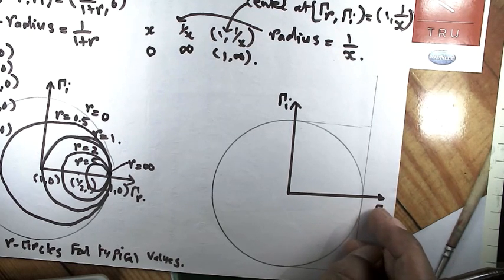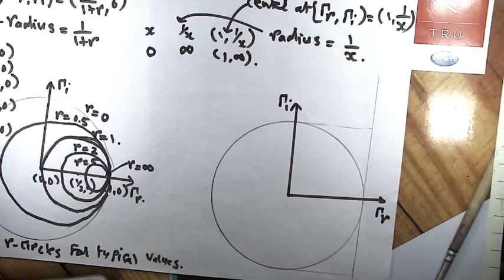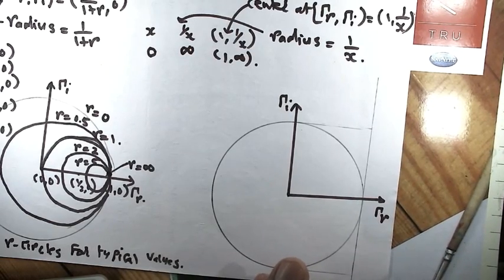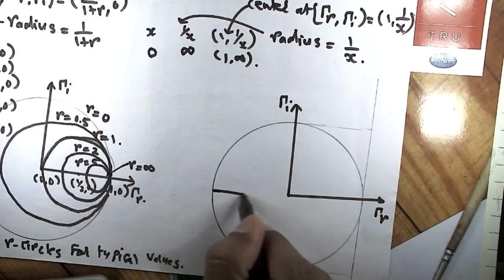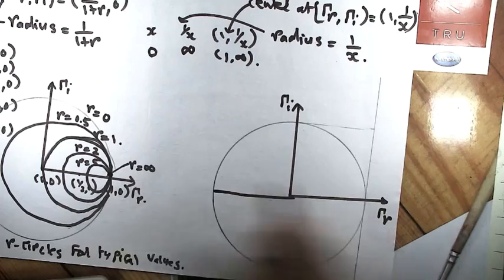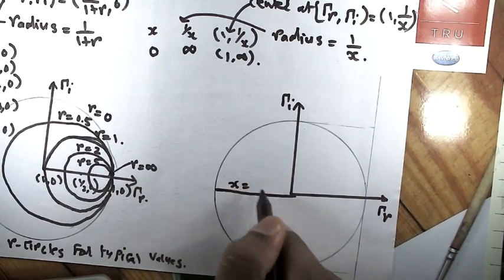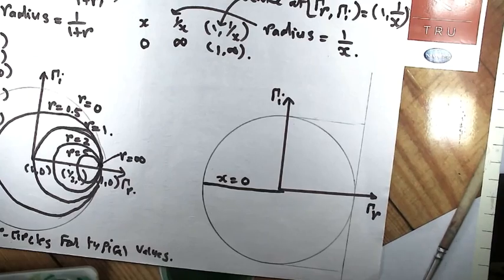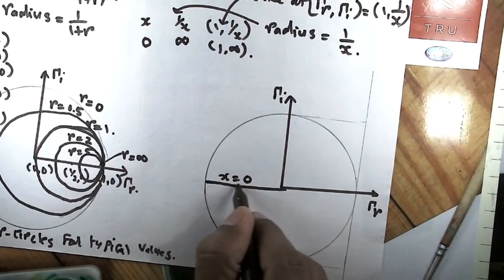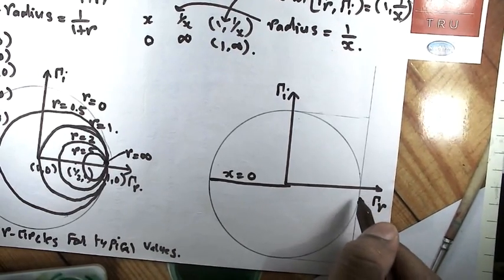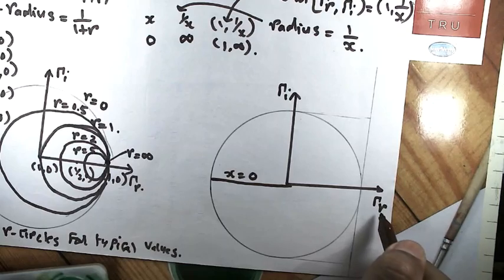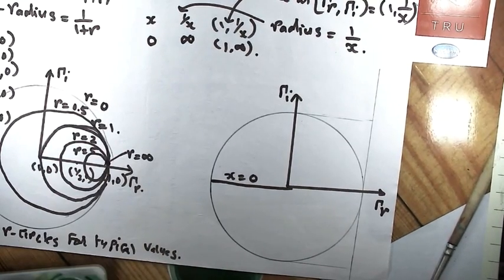So when any circle has infinite radius, we can consider it as a straight line. It means that there is no reactance part for x equal to 0. So this positive real axis can be considered as the x equal to 0 circle, which is nothing but the straight line that lies on the positive real part of the reflection coefficient only.